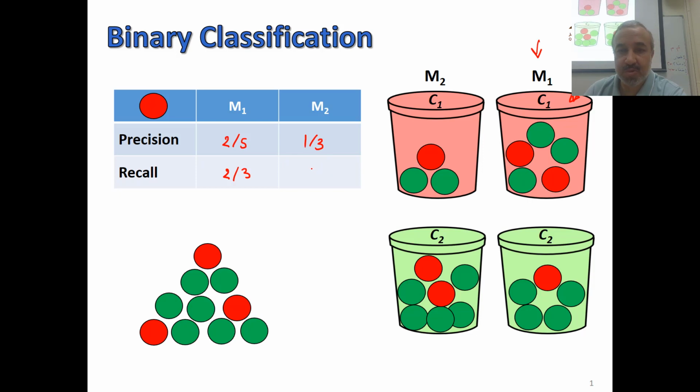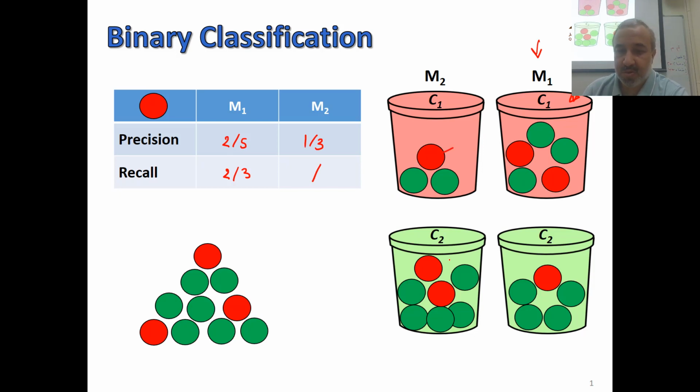How about M2? Recall for M2. So how many are positive overall in the whole data set? The positive is the red class, right? Is the red balls. So how many are actually positive?